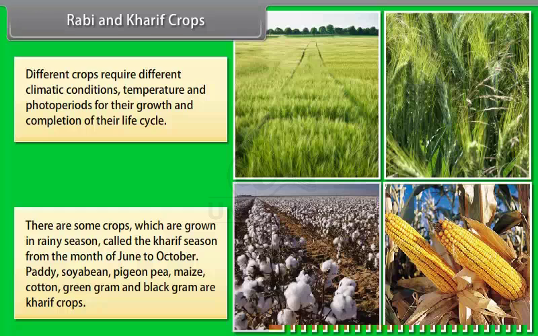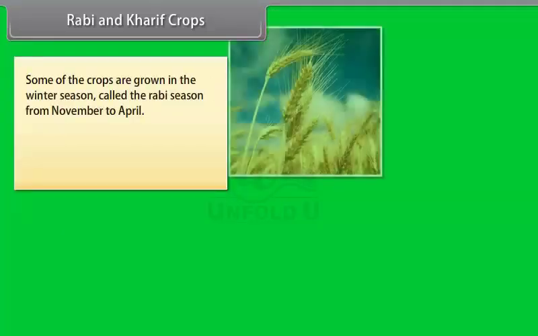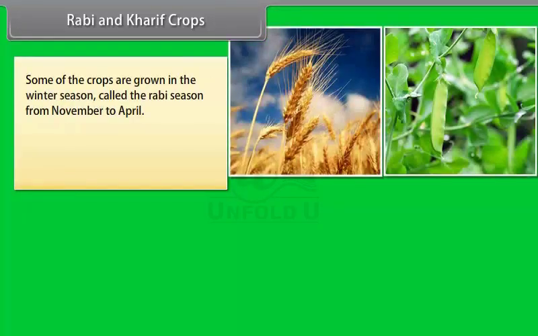Paddy, soybean, pigeon pea, maize, cotton, green gram and black gram are Kharif crops. Some of the crops are grown in the winter season called the Rabi season from November to April. Wheat, gram, peas, mustard, linseed are Rabi crops.